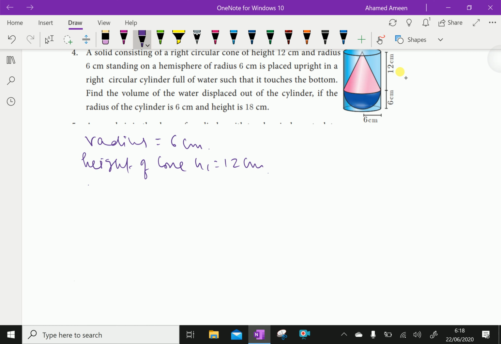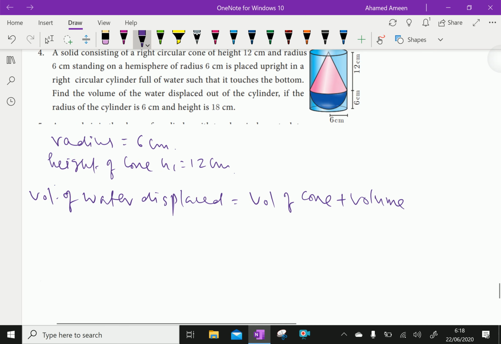Therefore volume of water displaced equal volume of cone plus volume of hemisphere.